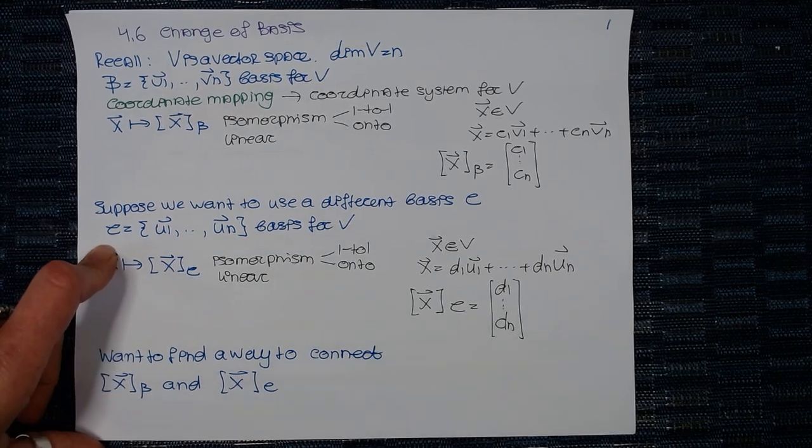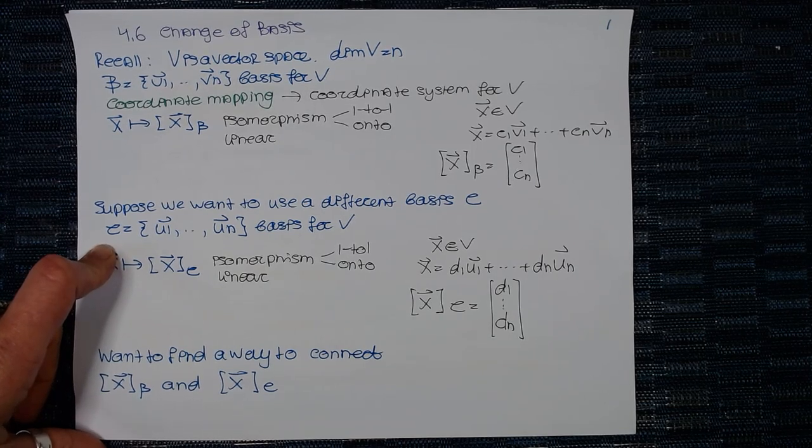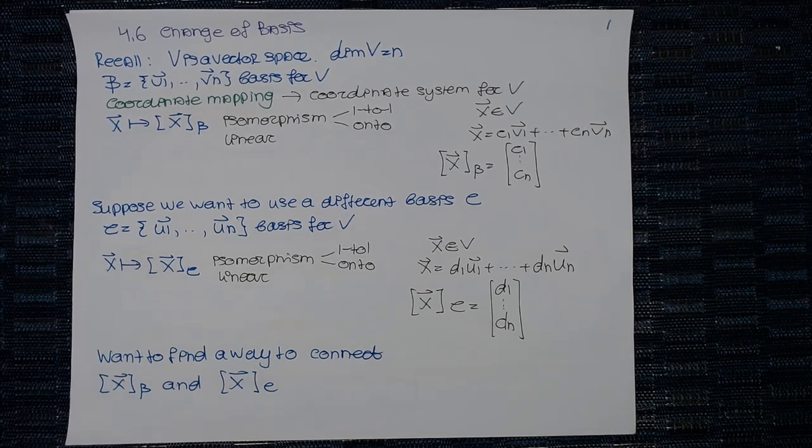Maybe it's easier to compute things in a different basis. It could be for a number of reasons, but we want to be able to quickly convert from one basis, or one coordinate system, to another coordinate system. But we'll do this in the next video.